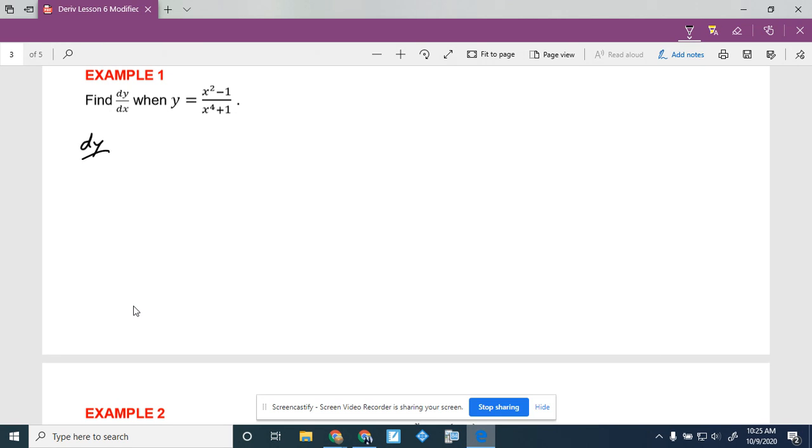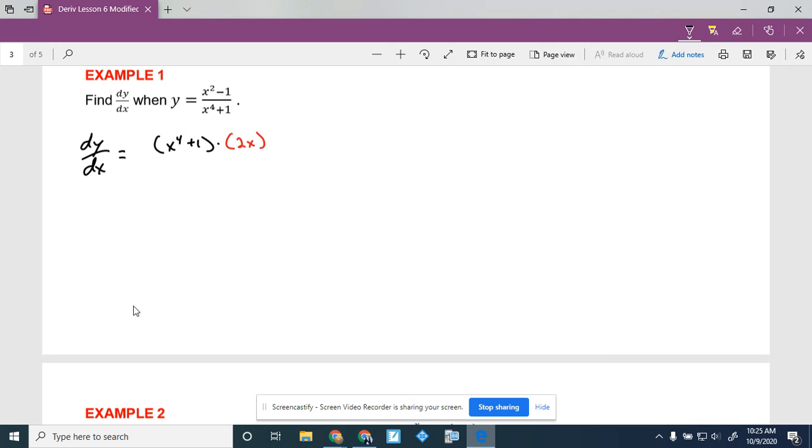So here we go. The quotient rule says start in the bottom. You'll hear me say that a lot as well. So you have the bottom times the derivative of the top. Now, what is the top? The top is a difference, and the derivative of a difference is the difference of derivatives. So the derivative of x squared minus 1 is going to be 2x minus 0. I'm just going to write 2x.